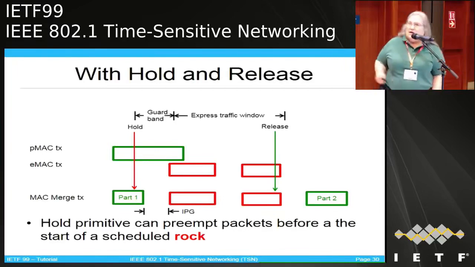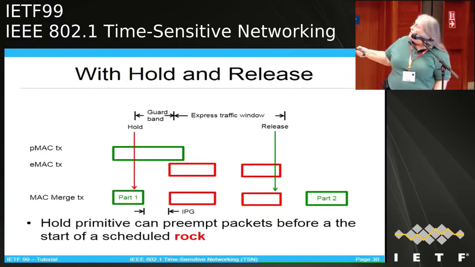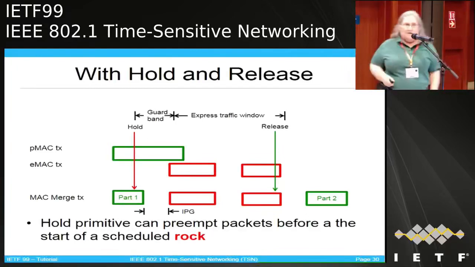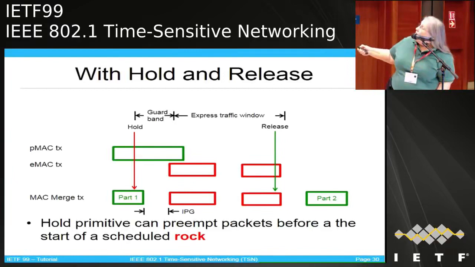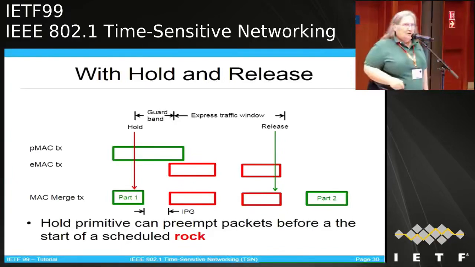So when the scheduled packet arrives, we will transmit it right away. We will already have completed preemption, and there can be a number of packets that go, and then we'll release it when we get to the end of the scheduled time, and we're ready to let the other traffic flow again.